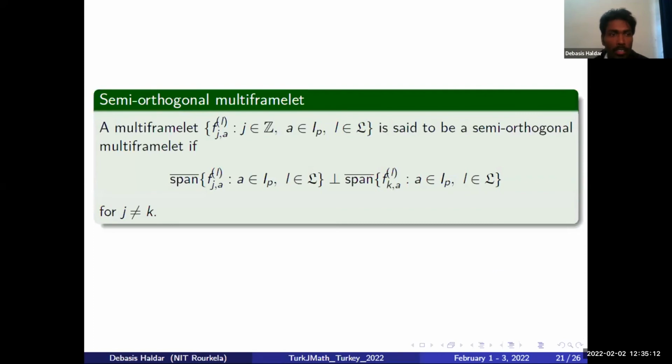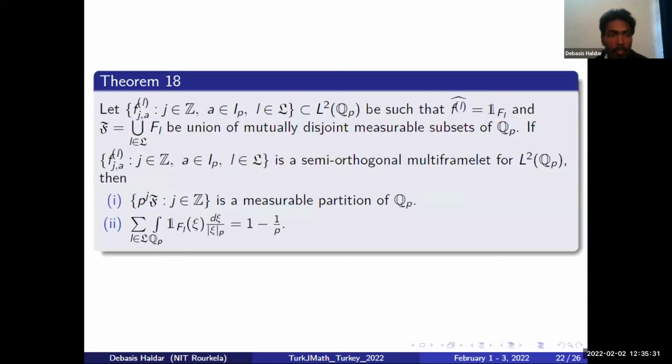A multiframelet is said to be a semi-orthogonal multiframelet if the closure of this span is perpendicular to this span, where this j and k are not equal. So here is a theorem on this semi-orthogonal multiframelet.